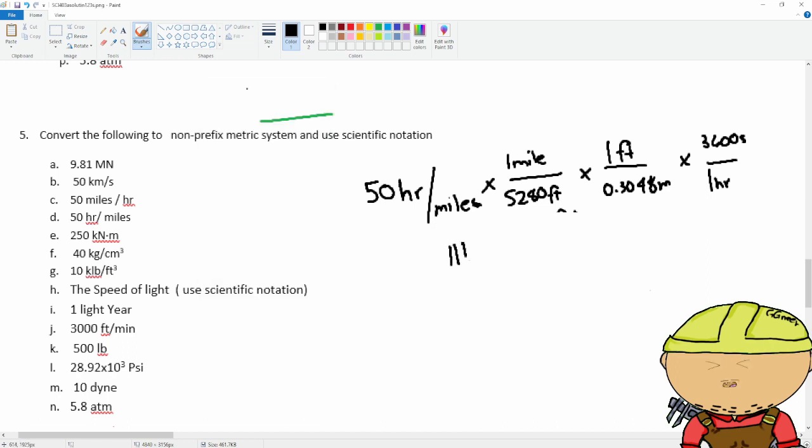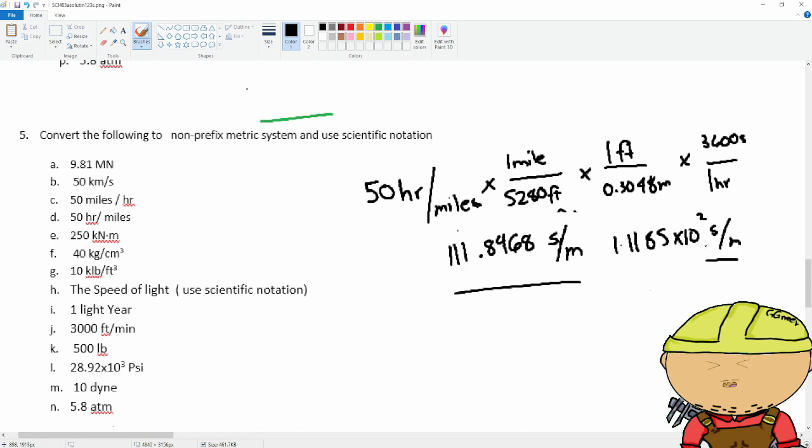Let me use the calculator. 8468 meters per second. Second per meter. Okay, so that's our answer for non-prefix metric system. Use scientific notation: 1.1185 times 10 squared seconds per meter.